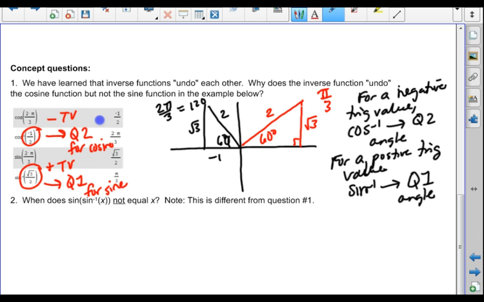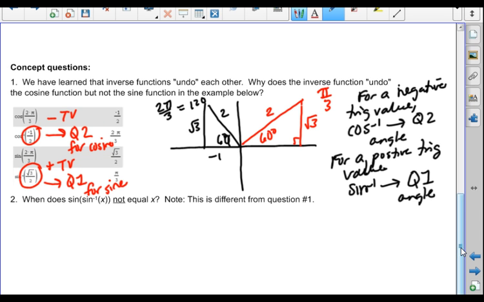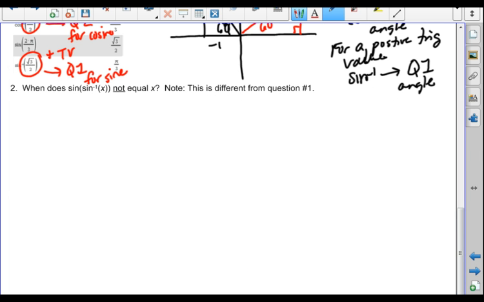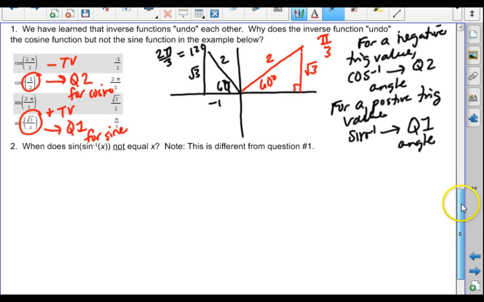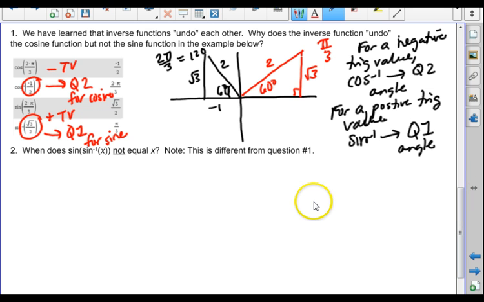The next question here, if I can extend my page just a little bit, there we go, is when does sine of inverse sine of x not equal x? And this is a different question from question 1, because in question 1 I was doing inverse cosine of 2 pi over 3.